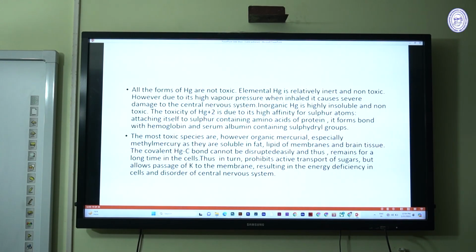This in turn prohibits active transport of sugars but allows passage of potassium through the membrane, resulting in energy deficiency in cells and disorder of the central nervous system. That means they play an important role in prohibiting biochemical reactions in the body.